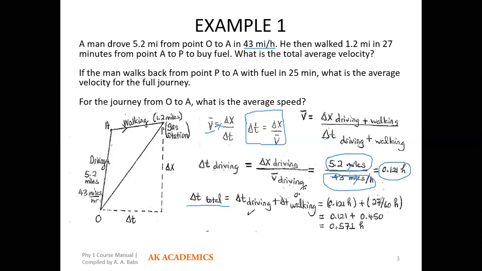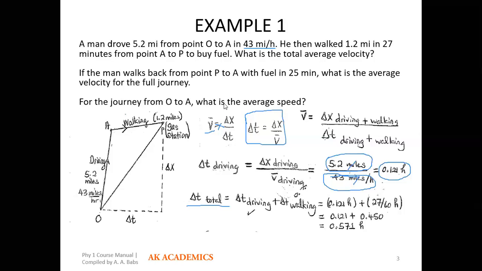So 27 over 60 gives us 0.450 hours. If you add both together, 0.121 hours plus 0.450 hours, you have 0.571 hours, which is the total change in time for driving and walking.